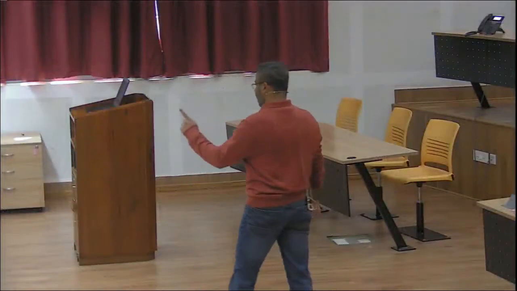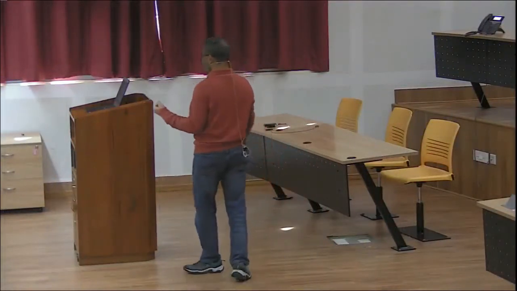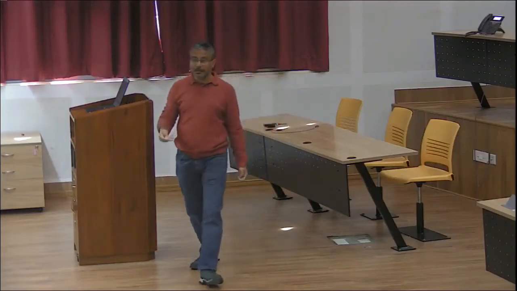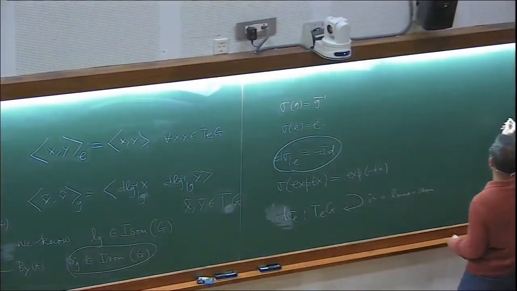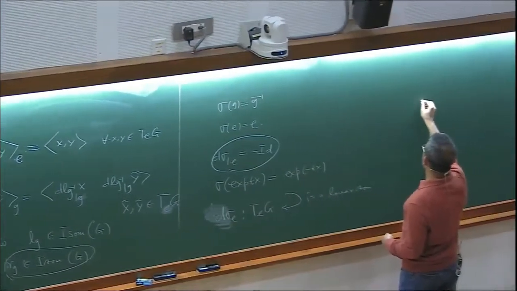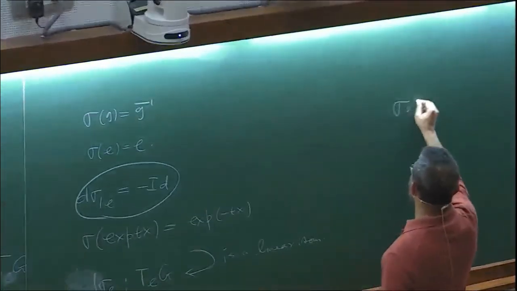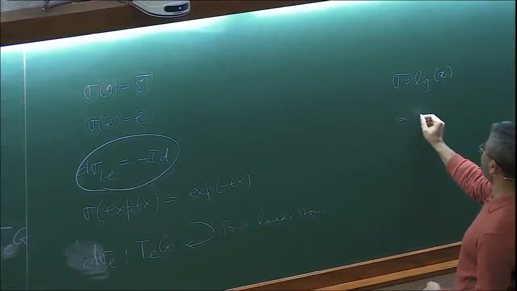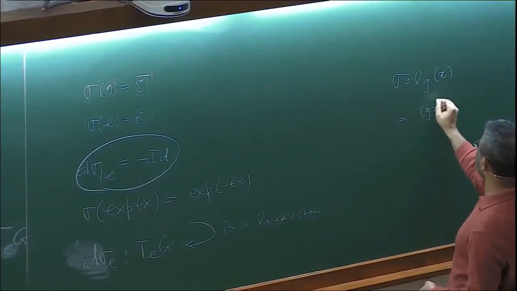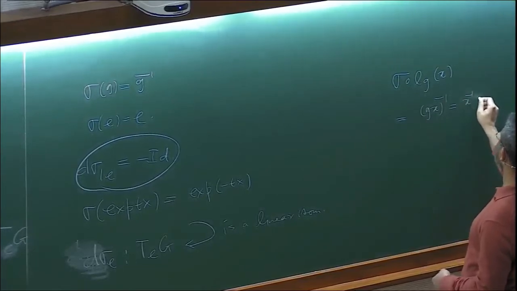Okay. But I need to check that this is not just a linear isometry at the tangent space at identity, but it is a linear isometry everywhere. So this is where I require the fact that R_g is also an isometry. So you'll see that sigma L_g of x, what is it? A simple calculation says that this is (gx) inverse, so this is x inverse g inverse.